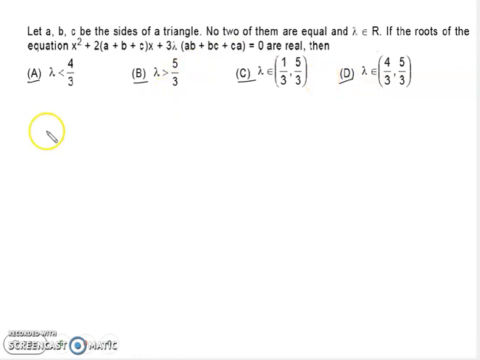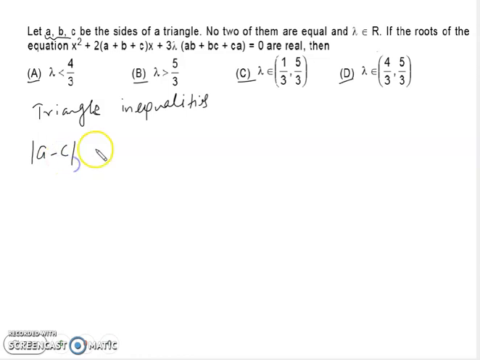First of all, I am going to discuss the triangle inequality. In this question, a, b, c are the sides of a triangle. According to the triangle inequality, the modulus of the difference of two sides is always less than the third side.